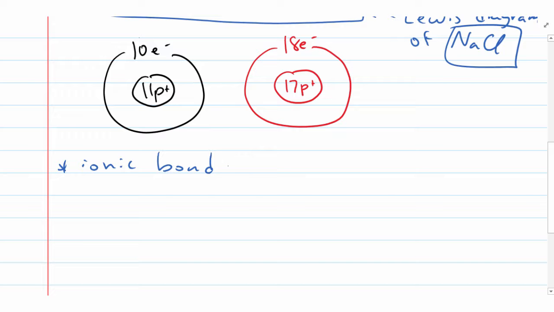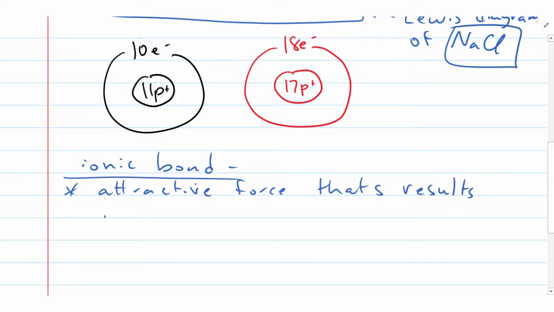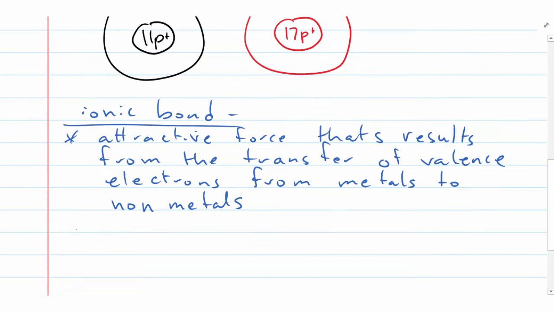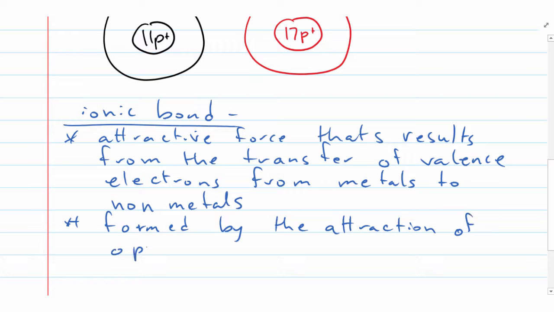And an ionic bond is an attractive force that results from the transfer of valence electrons from metals to nonmetals. And it is formed by the attraction of oppositely charged ions.